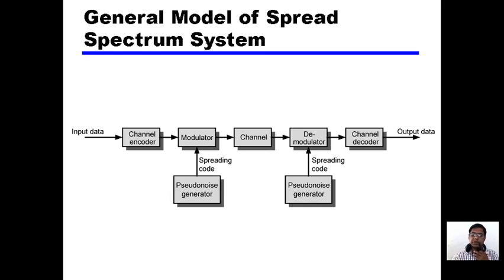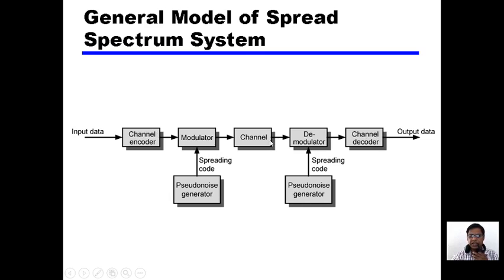It goes through the channel, and at the receiver's end there is the demodulator. The pseudo noise generator's spread code will be minimized here, and it is transmitted through the channel, and at the end it is decoded.